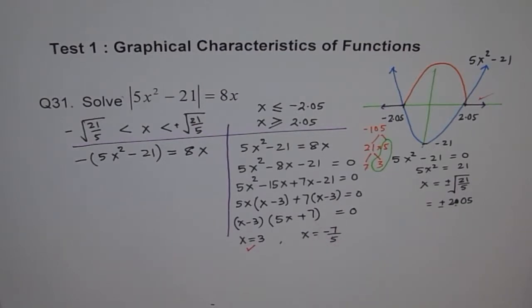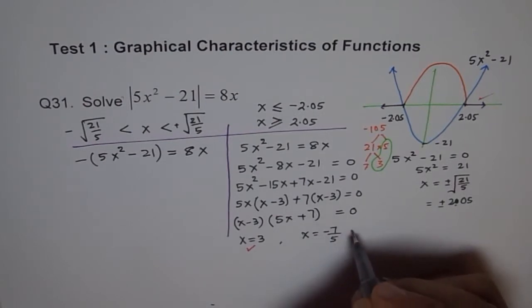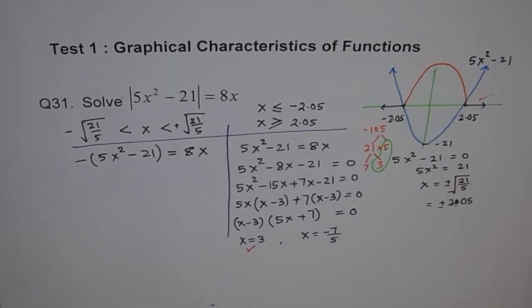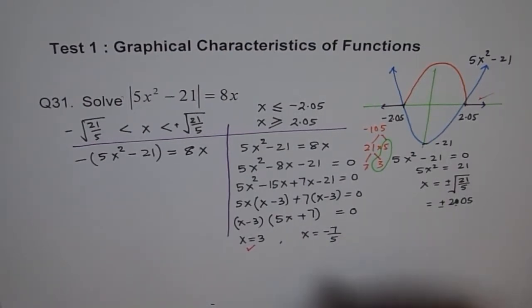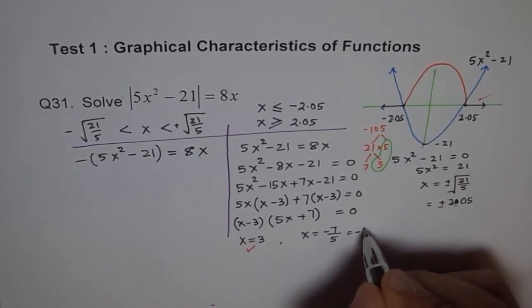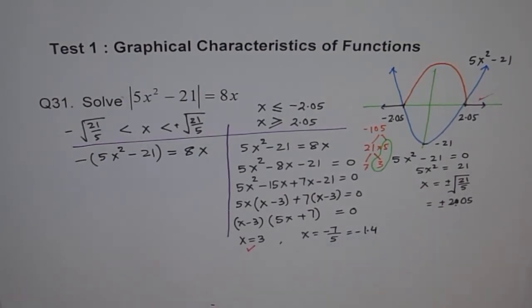How about minus 7 over 5? Now, 7 over 5 is a fraction, which is 7 divided by 5, and that gives me 1.4. So this I can write as minus 1.4. Now where is 1.4 for us?